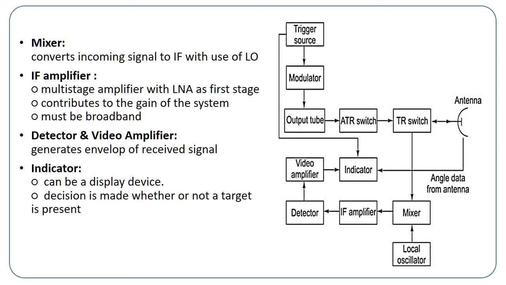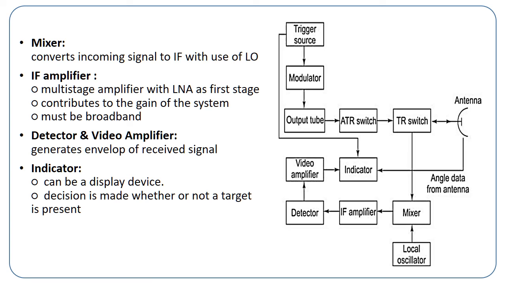At the indicator, a decision has to be made whether or not a target is present. The decision is based on the magnitude of the receiver output. If the output is large enough to exceed a predetermined threshold, the decision is that a target is present. If it does not cross the threshold, only noise is assumed to be present.